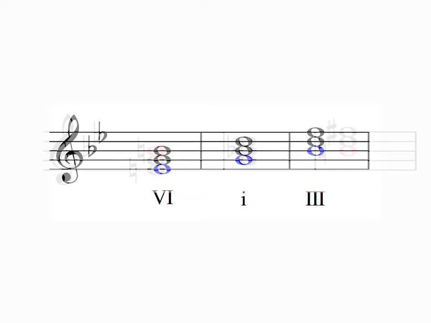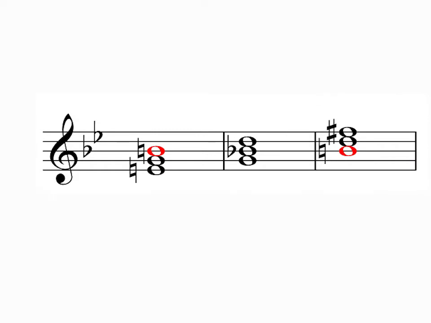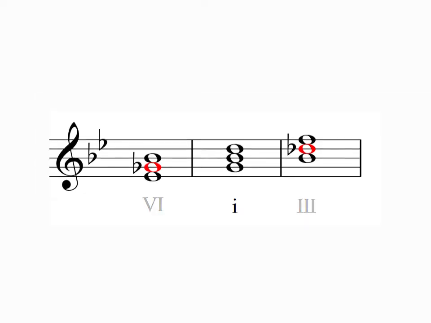However, if we change one of those common tones to a chromatic element, we can create chromatic mediant relationships, like this G minor going down to E minor, and this G minor going up to B minor. And this G minor triad going down to E flat minor, or going up to B flat minor.